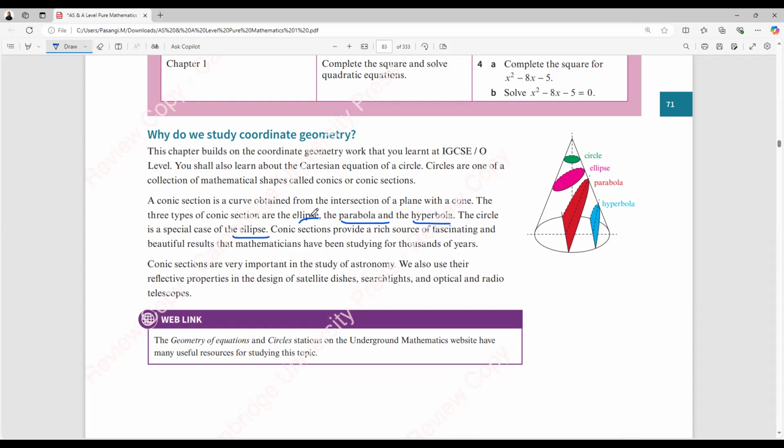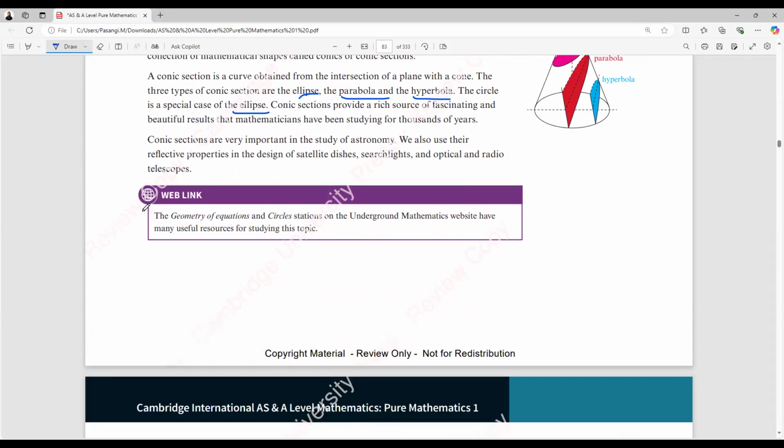Conic sections provide a rich source of fascinating and beautiful results that mathematicians have been studying for thousands of years. Conic sections are very important in the study of astronomy.